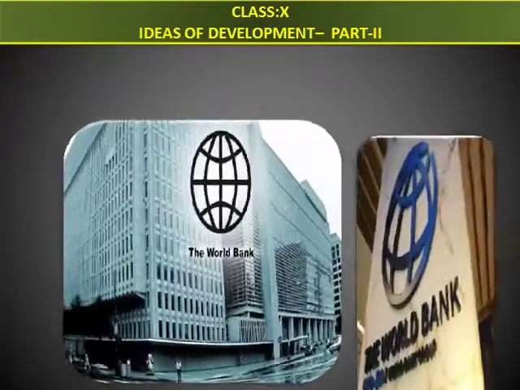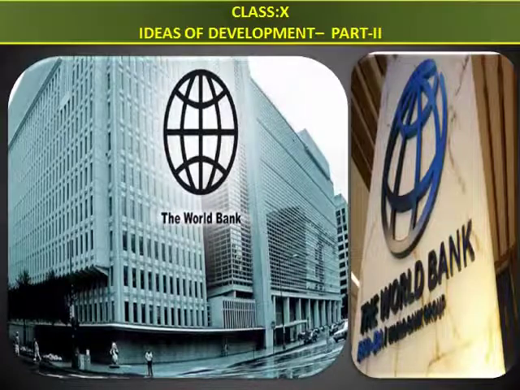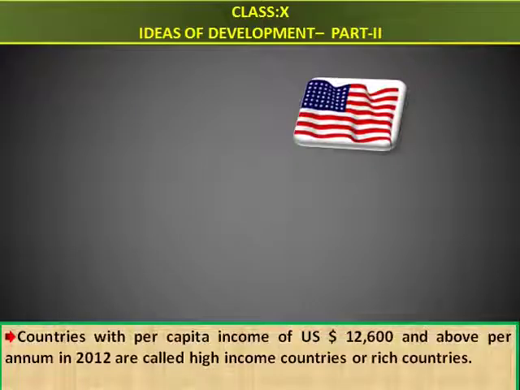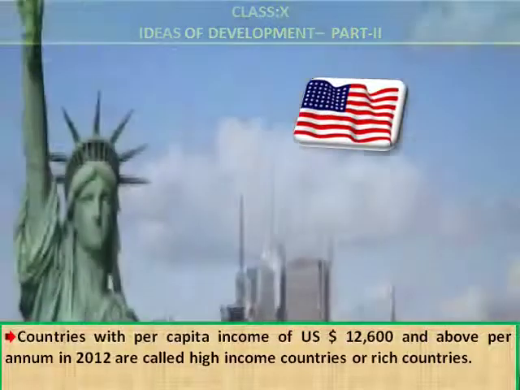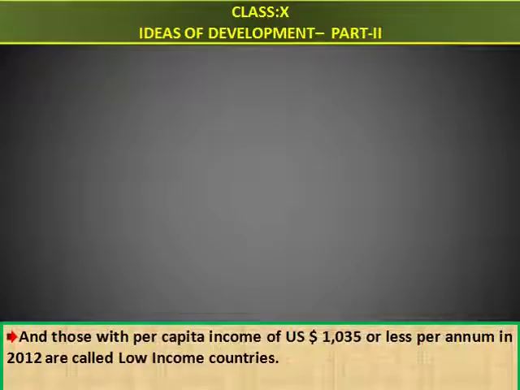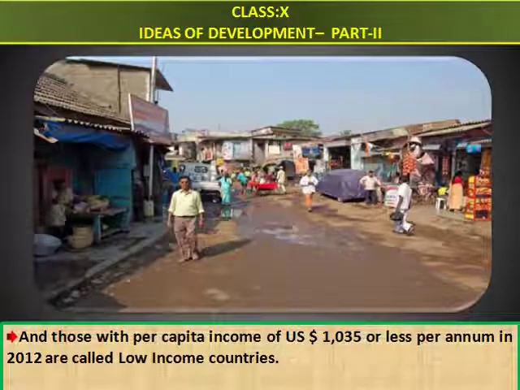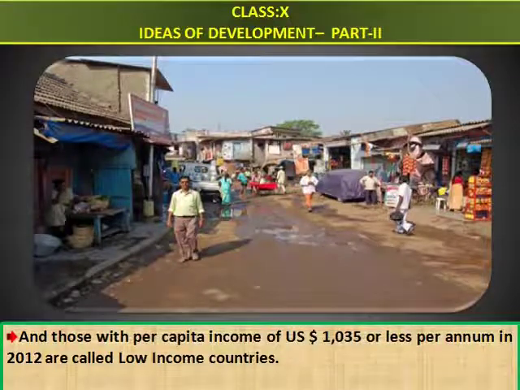In the World Development Report brought out by the World Bank, this criterion is used for classifying countries. Countries with per capita income of 12,600 US dollars and above per annum in 2012 are called high income countries or rich countries, and those with per capita income of 1,035 US dollars or less per annum in 2012 are called low income countries.